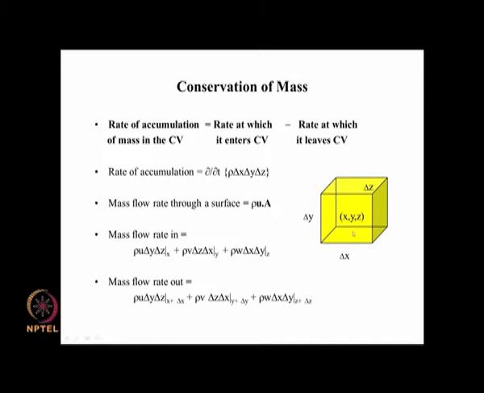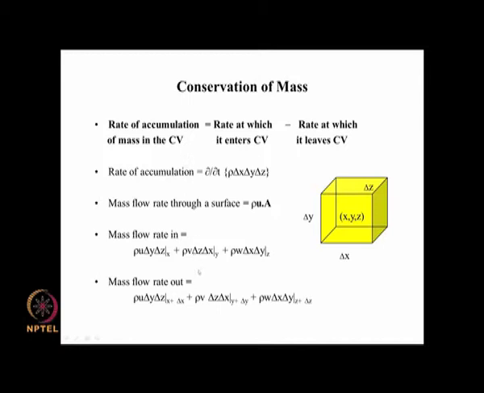If that is the case, then the flow rate going out has a velocity of u at x plus delta x, and this can be different from u at x. If it is different, then there is a differential amount of mass flow rate. Depending on whichever is greater, there can be accumulation.